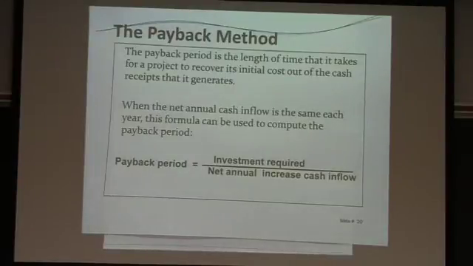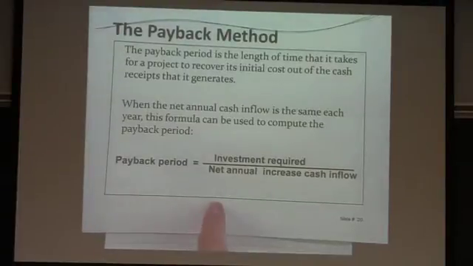We want to know the length of time it takes for the cash generated from the project to at least cover the cost of the initial investment. And here it's the investment required divided by the annual increase in cash flow, and this gives us a number of periods. Normally the smaller this number is, the quicker we recover, and the less exposure we have for the company.